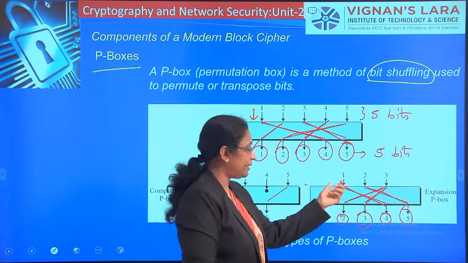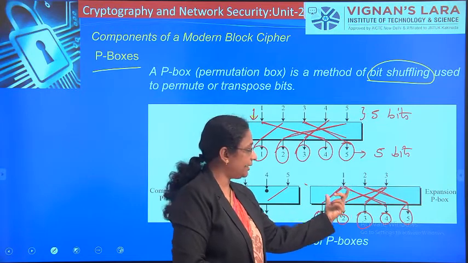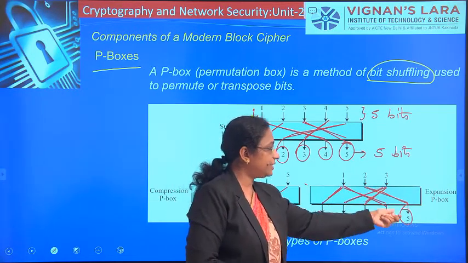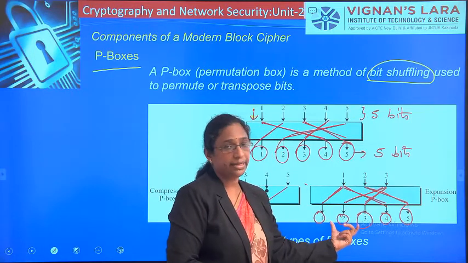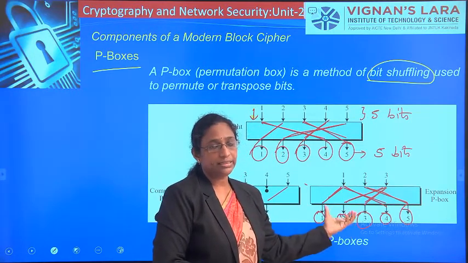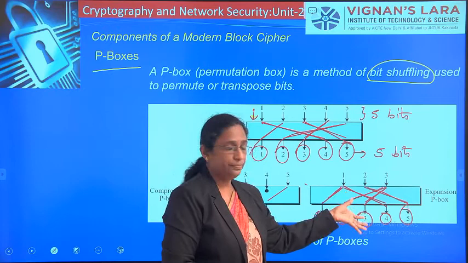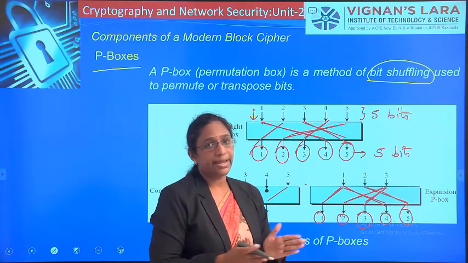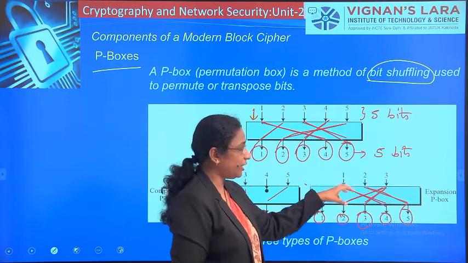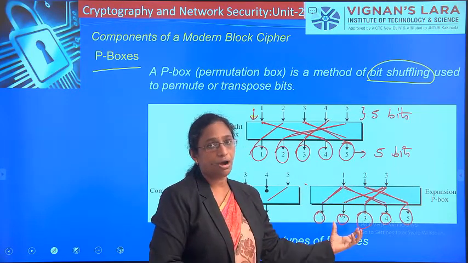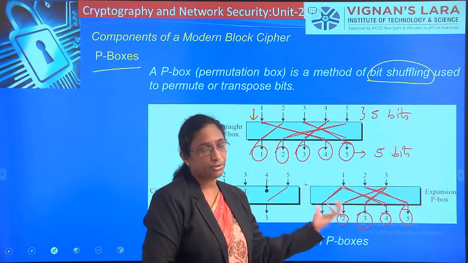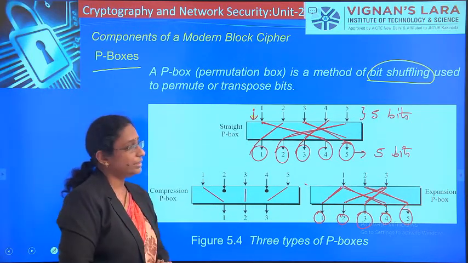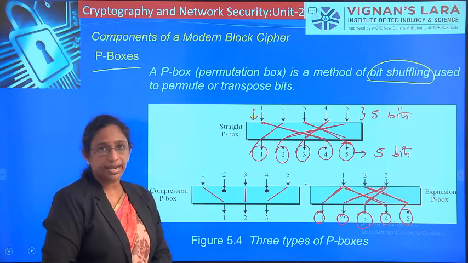So in that way we can expand the number of bits. That is the expansion P box: the number of inputs is less, and the number of output bits is more. Those are the 3 types of P boxes we have.